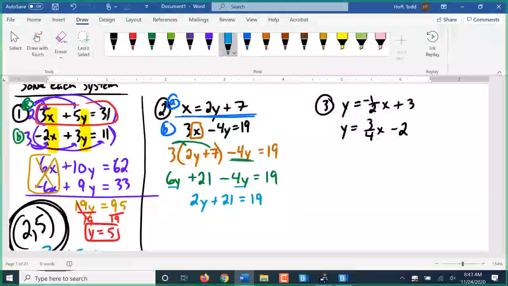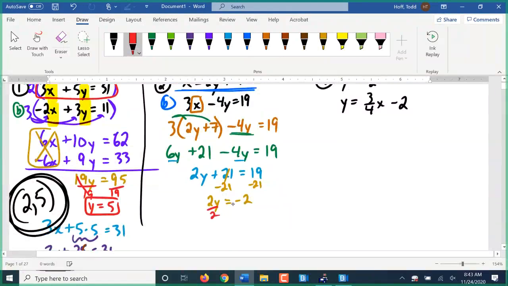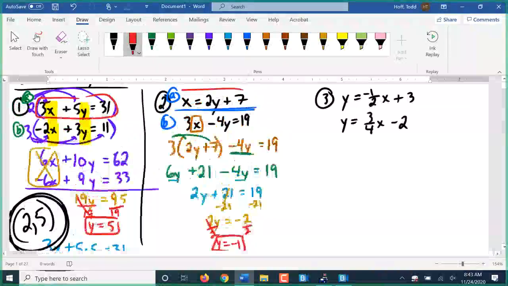6y and negative 4y is just 2y plus 21 equals 19. Now I will subtract 21 from both sides. 2y equals negative 2. And I'll divide by 2 to get y equals negative 1. Now I can find x really quickly by using that top equation that's solved for x.